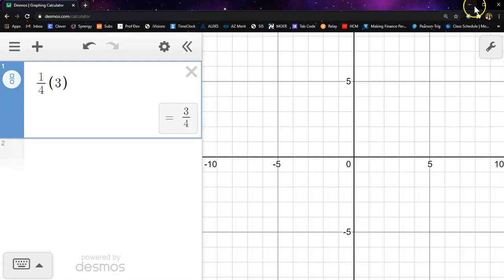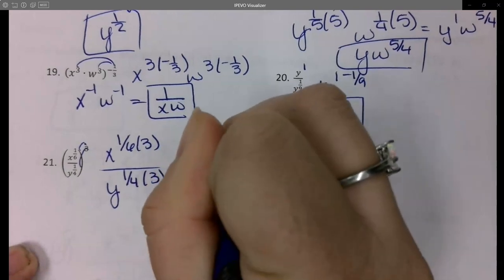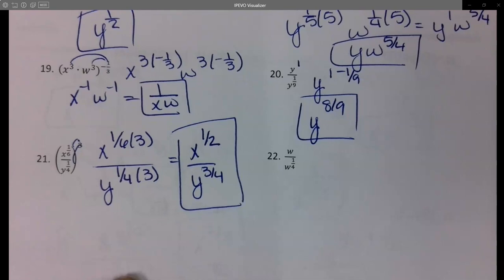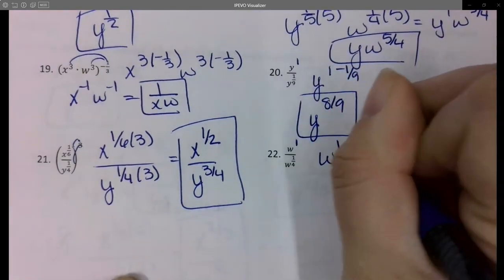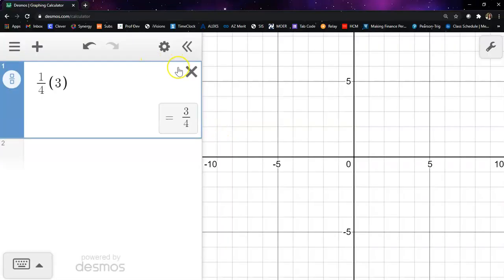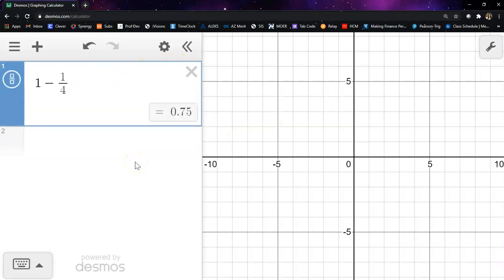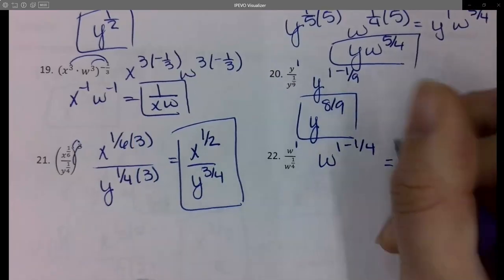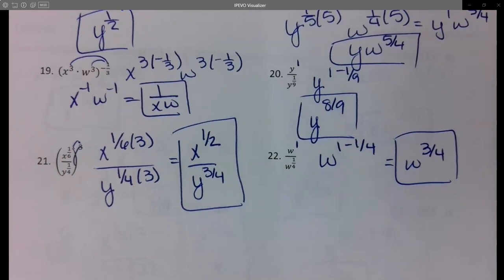Which gives us 3/4. Number 22, I want to subtract, so I have 1 minus 1/4. Which is 3/4. Questions here?